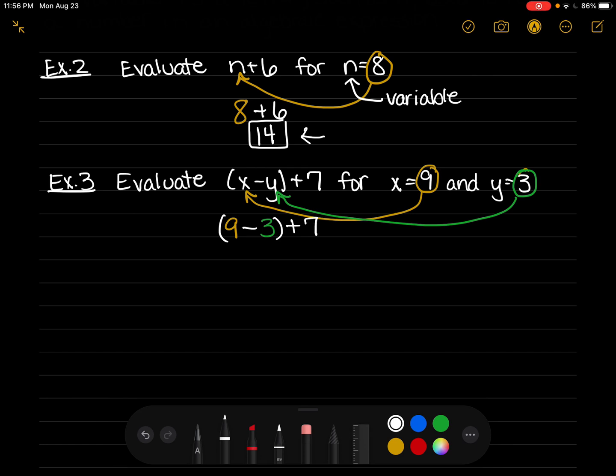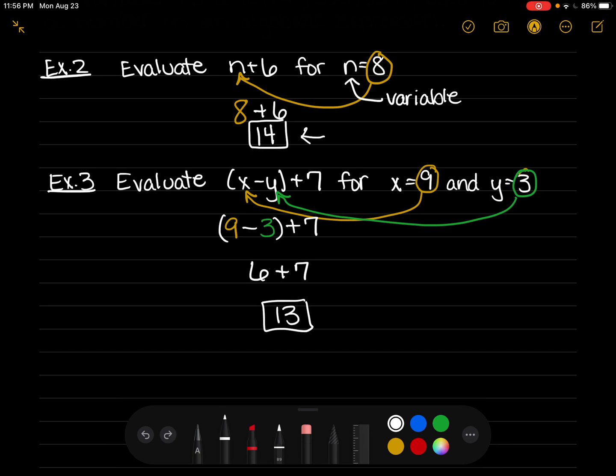So now I solve this. Do my parentheses first, just like we talked about a little while ago. That's going to be 6 plus 7, and 6 plus 7 is 13. So that's my answer. If x is 9 and y is 3, then my answer is 13. Now, if they tell me a different x and a different y, then my answer is going to change, right? So this is what you're doing today: you're just putting numbers into the variables. They're going to tell you the number for the variable, and you're going to solve it.